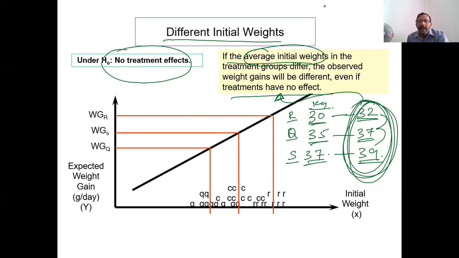So here we could say, even though there's no difference in the treatment effect, still the final weight might vary, because of the initial weight. This is the supplement Q, this is the standard diet, C means standard diet, and R means the diet with the supplement R. So they are starting at different points as the initial weight. So this is one of the problems in our study.